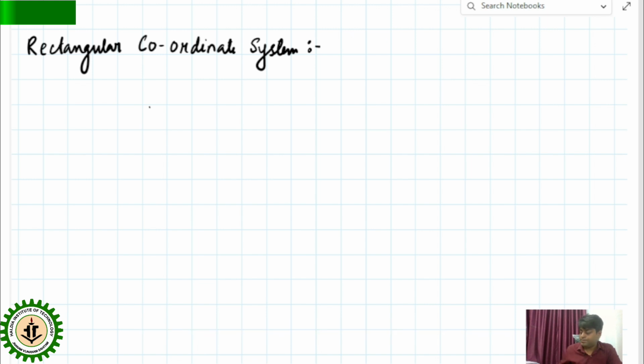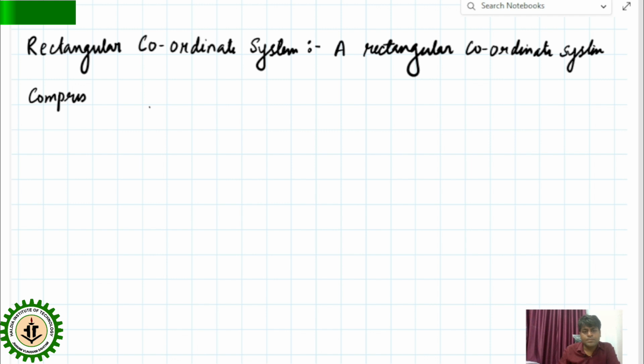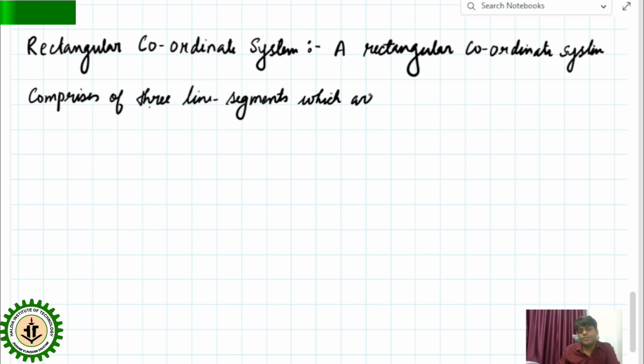So a rectangular coordinate system comprises of three line segments which are mutually perpendicular to each other.